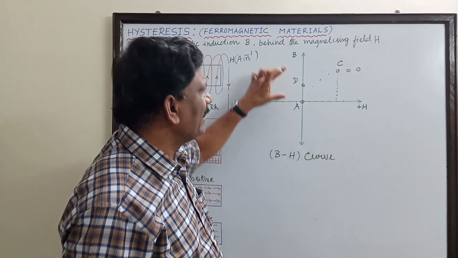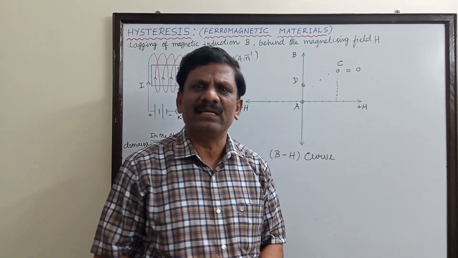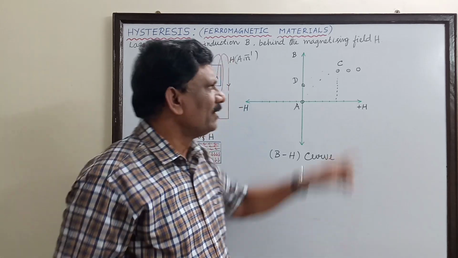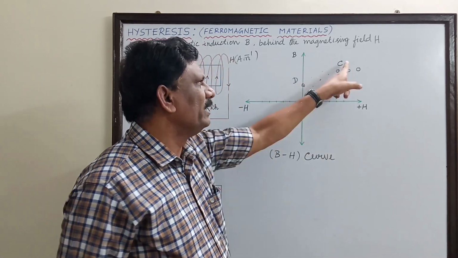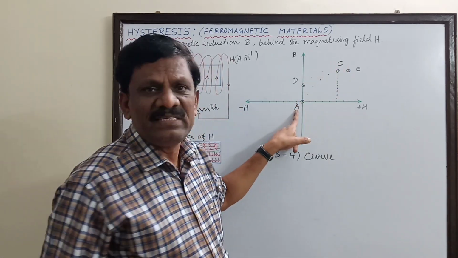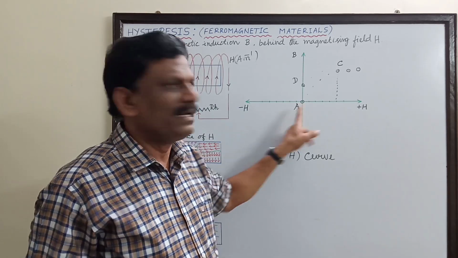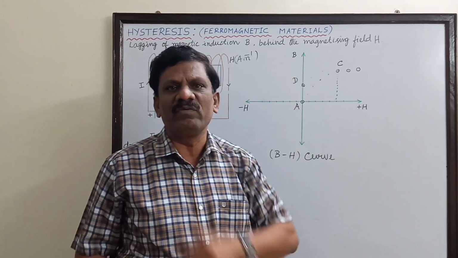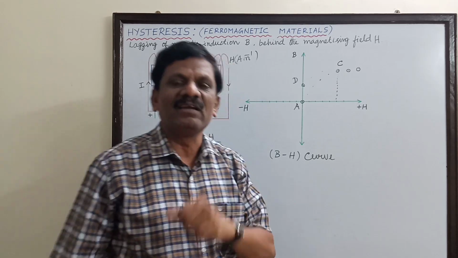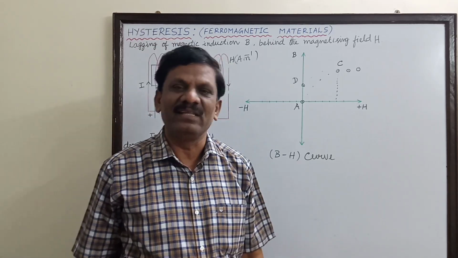But it is not happening. The curve has retraced from C to D instead of returning from C to A. When H is 0, actually B should be 0. Anyone will expect that. But it is not happening in the ferromagnetic material.